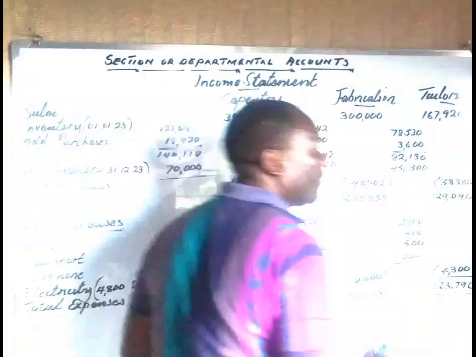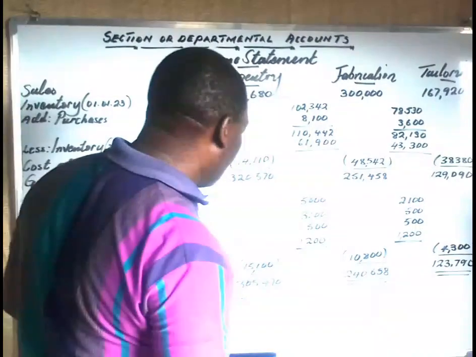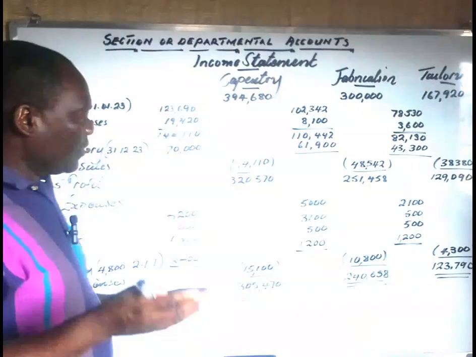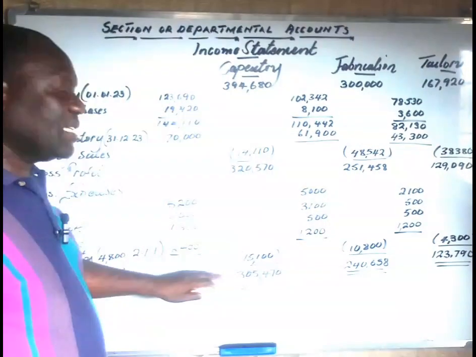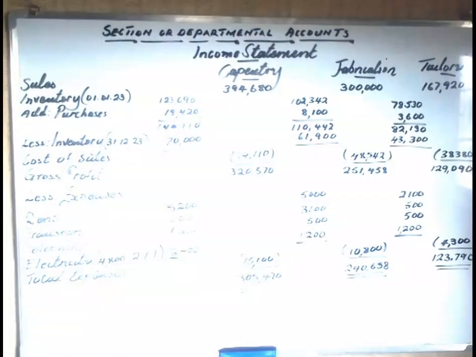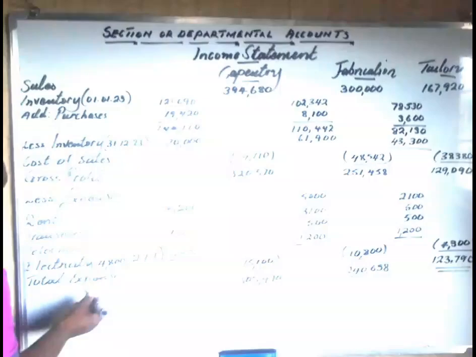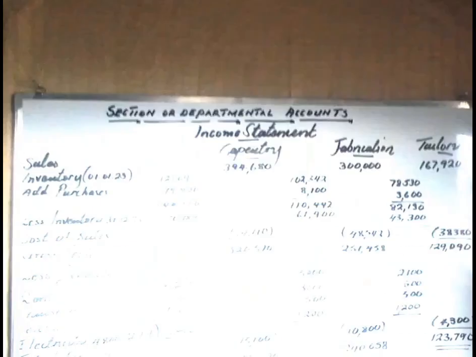Okay. Since we have removed the total expenses from the gross profit, then the figures that we have gotten for the three departments are called the net profits.